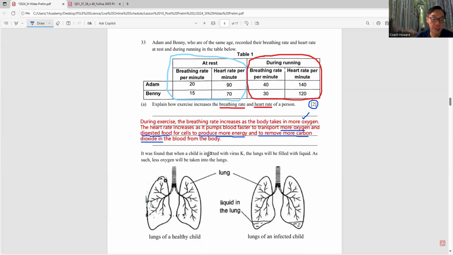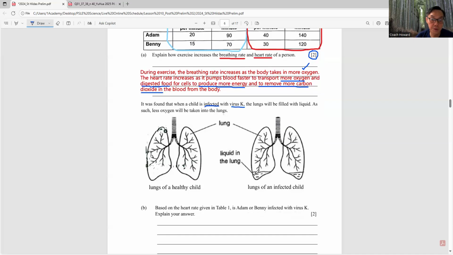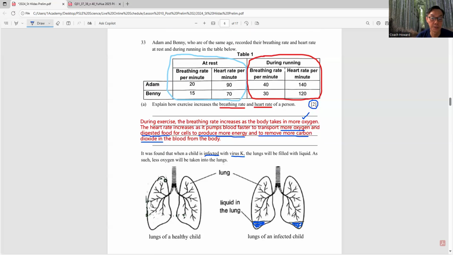It was found that when a child is infected with a virus K, the lungs will be filled with liquid. So it's good that you can highlight this part. Filled with liquid. Both the left lungs and the right lungs. Next, based on the heart rate given in table 1, is Adam or Benny infected with virus K? Explain your answer. So what is table 1?